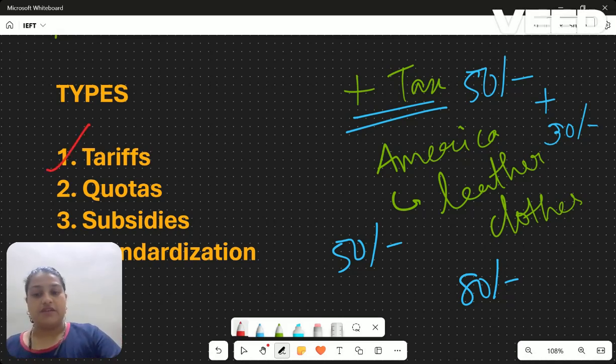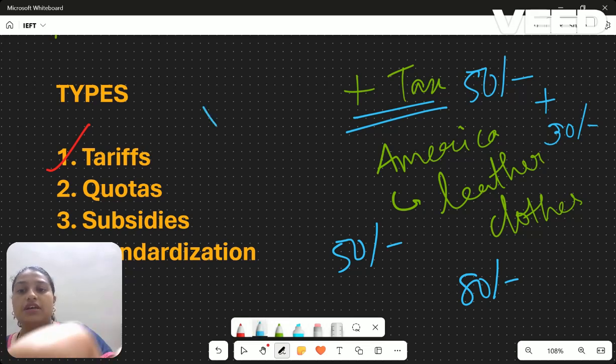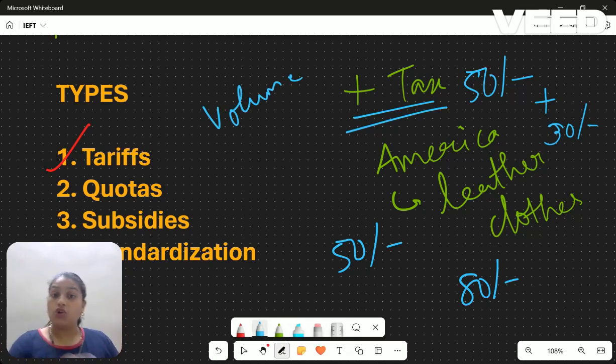Okay, that is about tariffs. Now, what is a quota? Tariffs are about the tax. Quota is about the volume. So the government will put restrictions on how much volume they can bring in. For example, from certain countries like the Gulf countries, they won't be able to bring more gold.